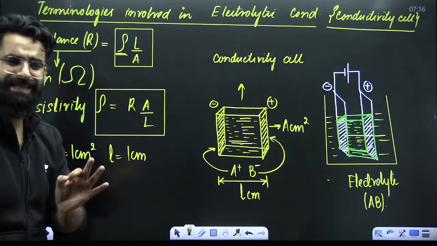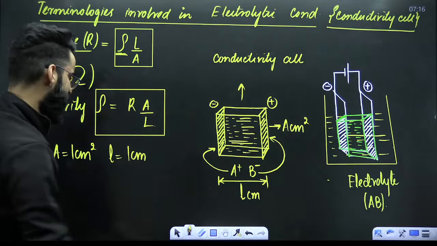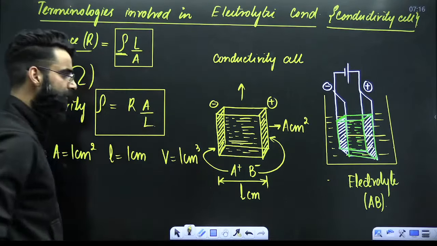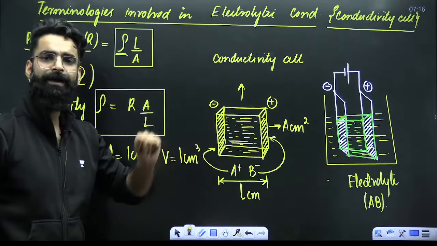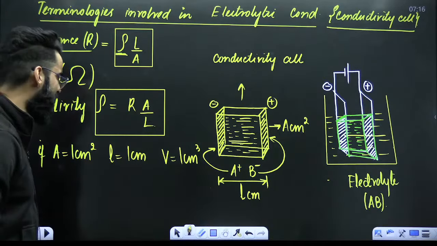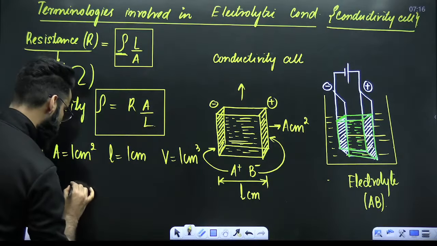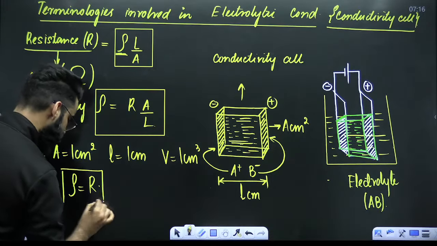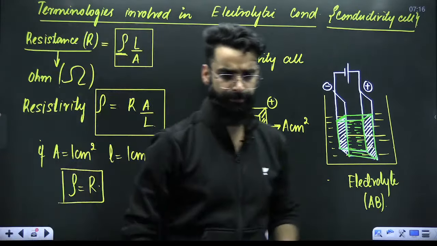Volume of this cube will be 1 centimeter cube. Tell me one thing. When A is equal to 1 centimeter square and L is equal to 1 centimeter, can I say at that point of time your rho is basically equal to R?